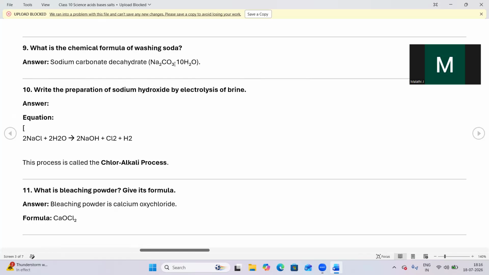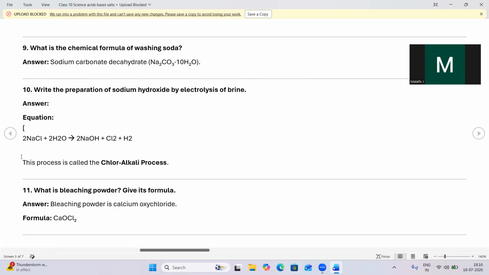It contains 10 molecules of water. That is, washing soda is sodium carbonate decahydrate.